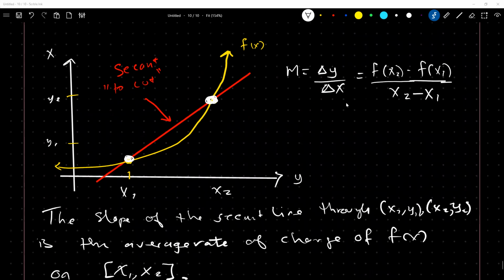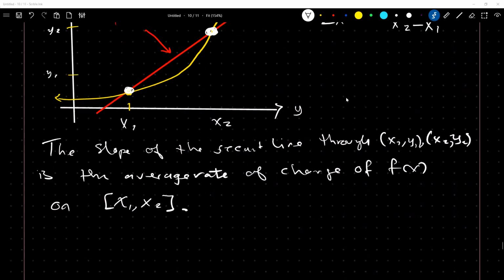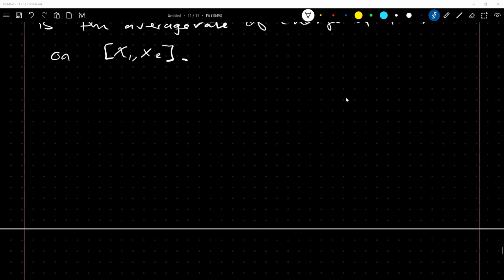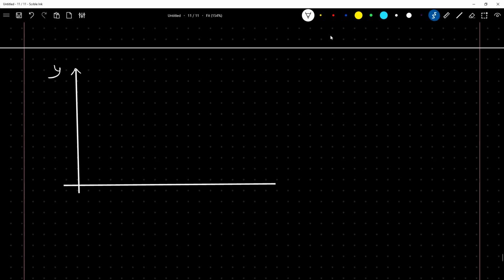And let me just scroll up, and I'm going to make a new graph now. I'm just going to draw what actually happens here. So I've got y here, and I've got x, and then I've got my nonlinear function.